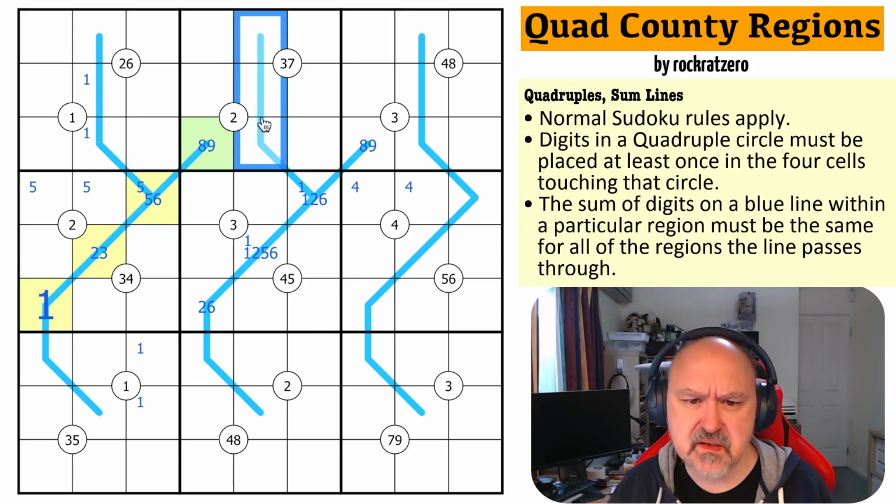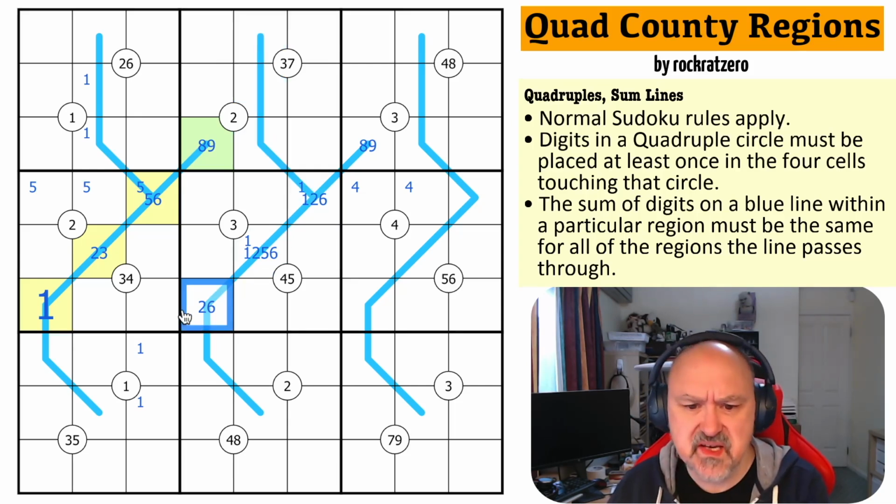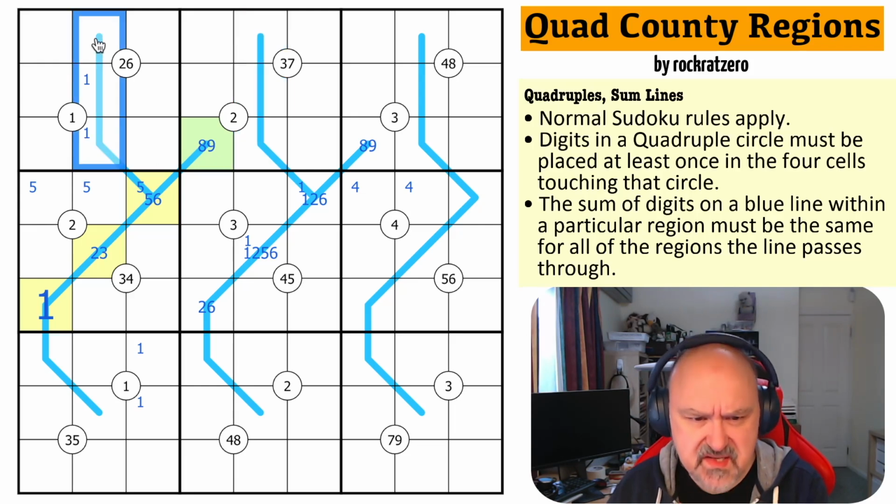But this can be 2, 3, 4 though. So if this is 1, 2, 6, this could be 2, 3, 4. So what is this?